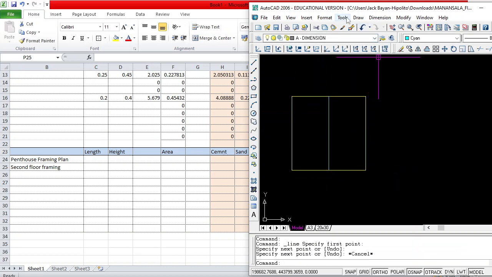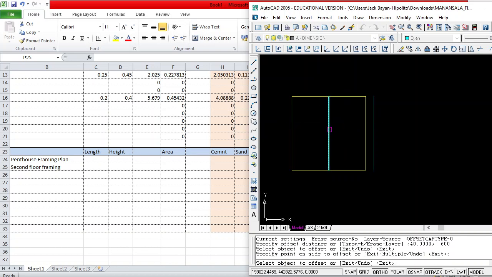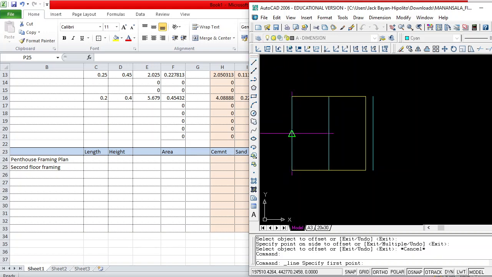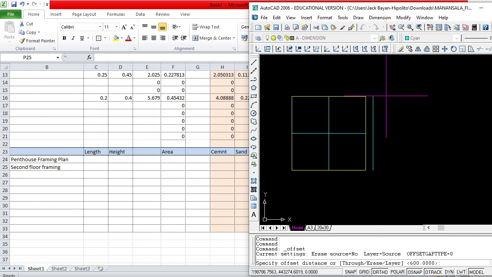Lagyan natin say 0.6. So, copy natin. Offset natin ng 600. Ay, parang tumawid na kagad, ano. Pag nag-consider rin tayo ng bars sa gitna niya, tapos mag-offset din tayo.